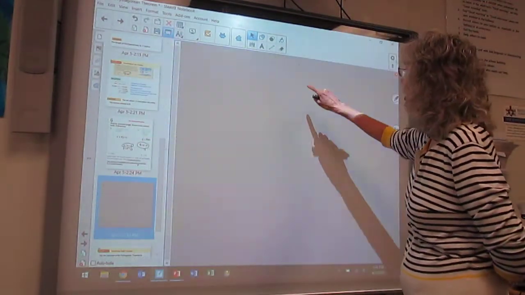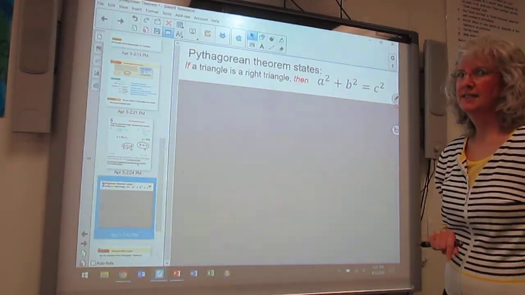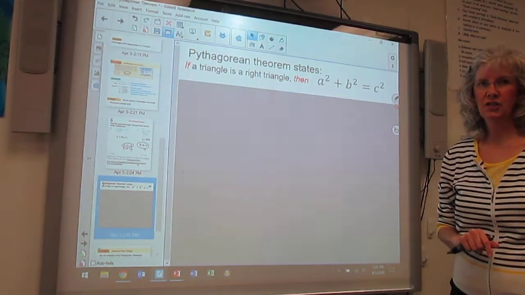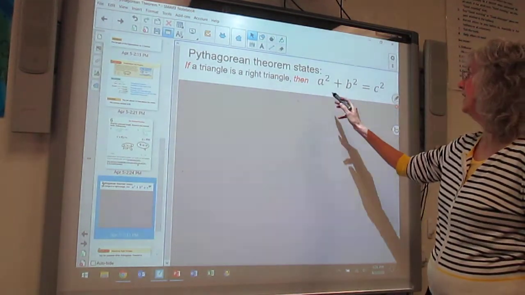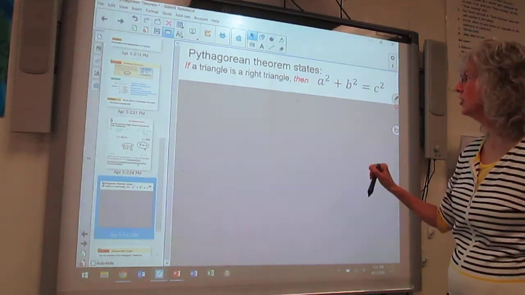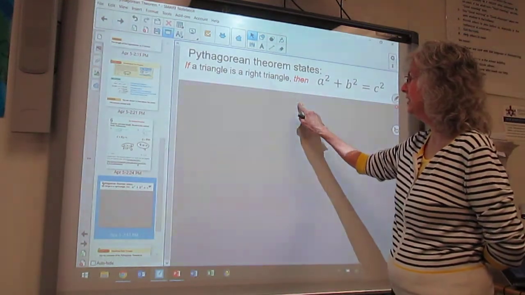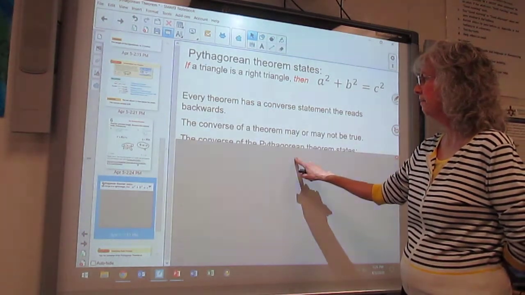Couple more things to talk about here with the Pythagorean theorem. The theorem is actually a conditional statement. If a triangle is a right triangle, then a squared plus b squared equals c squared. Well, every conditional statement, otherwise known as an if-then statement, has a converse, which essentially is the theorem backwards.